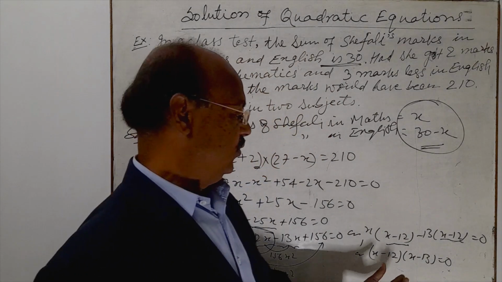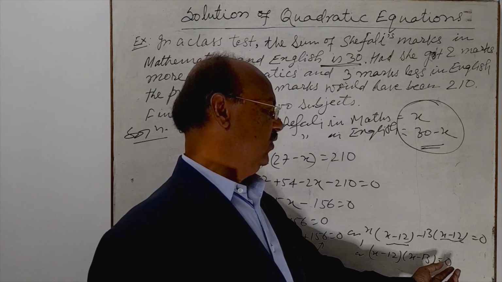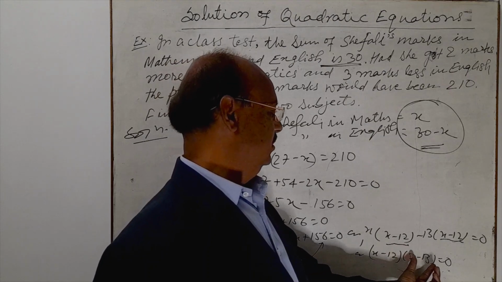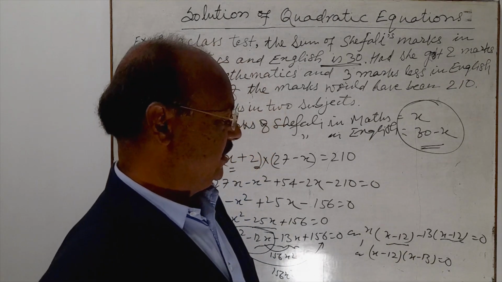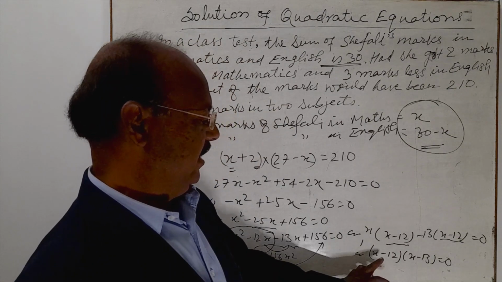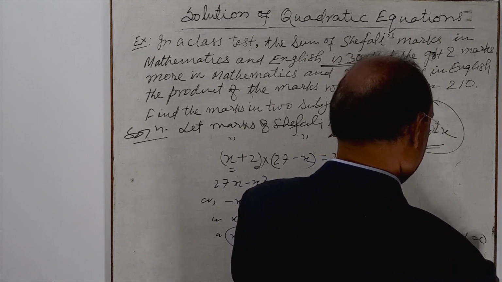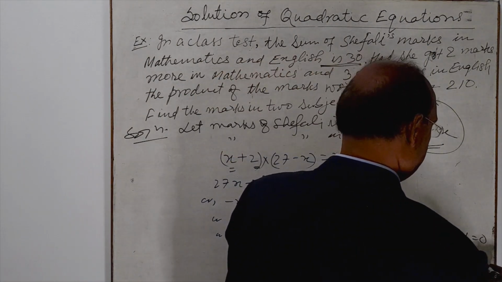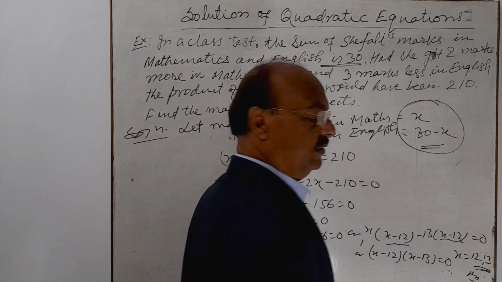You see, the product of these 2 linear factors is 0. So clearly either this part will be 0 or this part will be 0. Correct? So you are getting 2 values of x. When x minus 12 is 0, x is equal to 12. And when x minus 13 is 0, x is equal to 13. So we are getting 2 answers, 12 and 13.